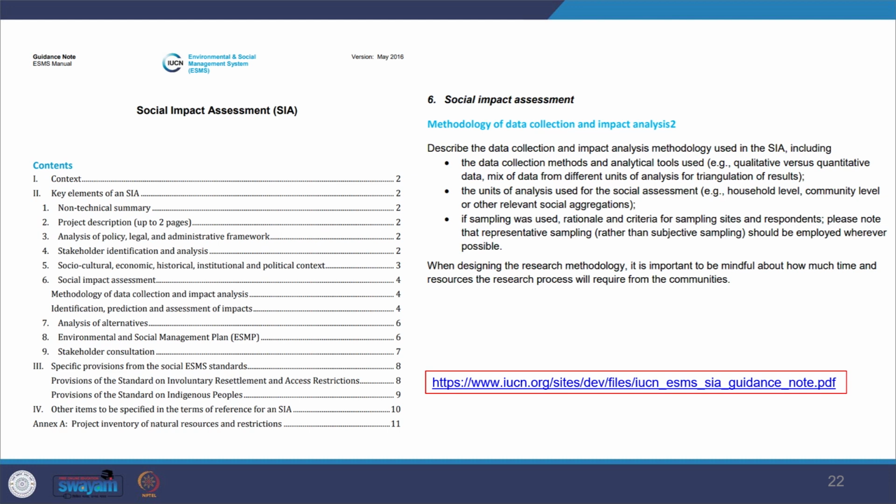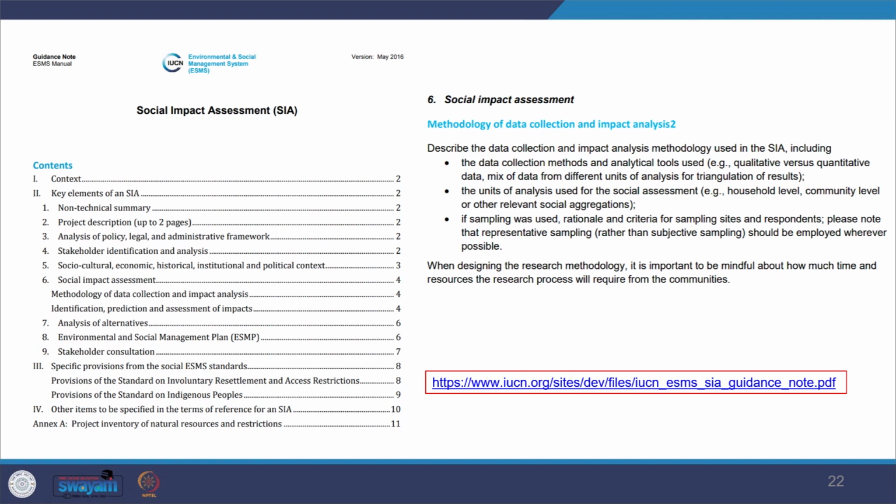In this particular segment, you will see qualitative data is used much more. And then you take a combination of data as well, qualitative and quantitative, with a mix of data and different units of analysis. What is really suggested is triangulation of results.